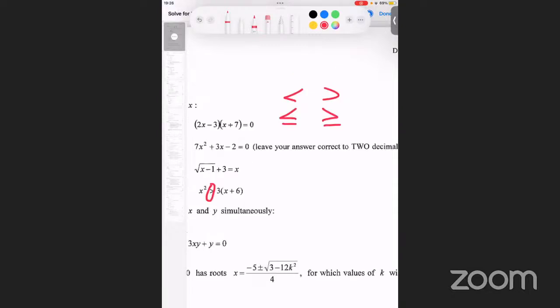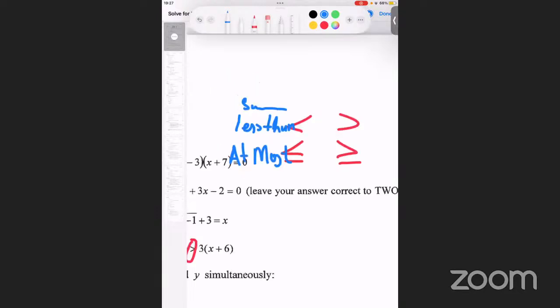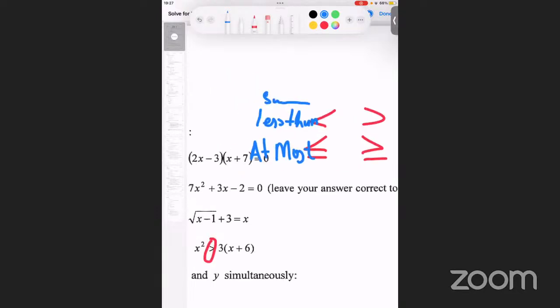And then this one actually means at most. If you are less than 36 years old, it means you are a youth.